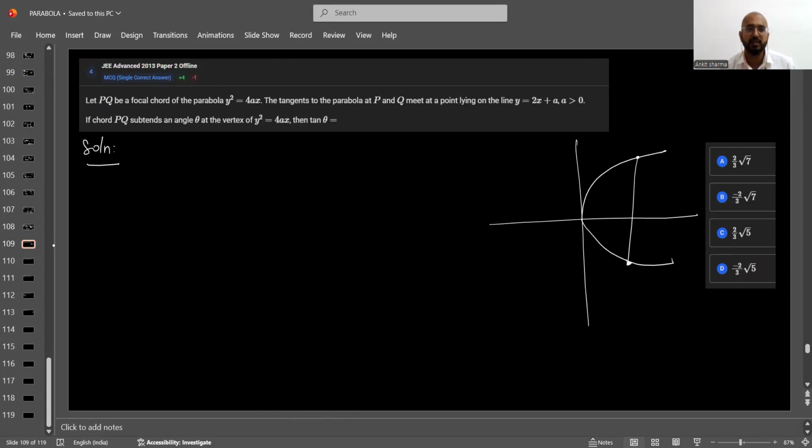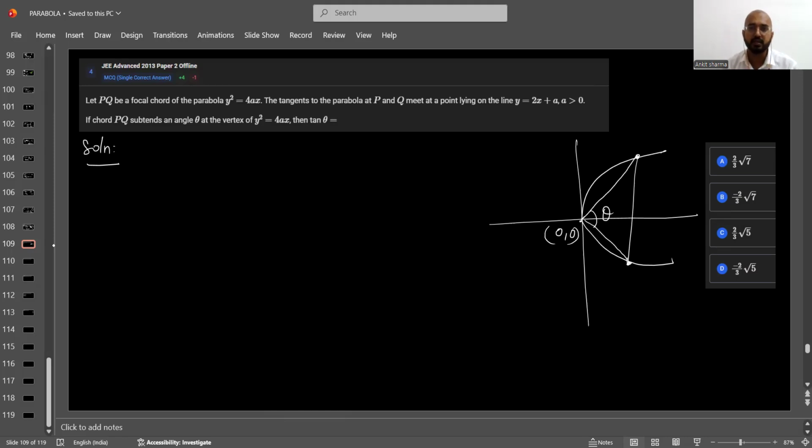PQ subtends an angle theta at the vertex. That means at this point the angle is theta, and this point is (0, 0). I want to find the tan of this angle, so we need the angle between these two lines.